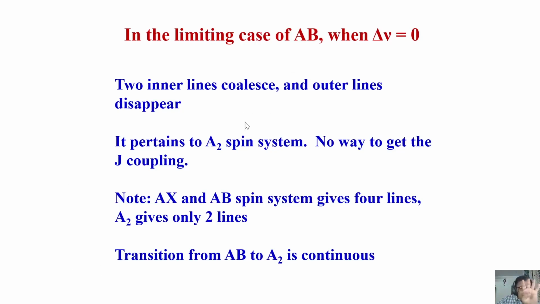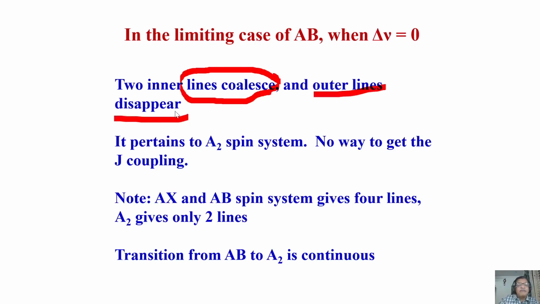Remember, what happens in the A2 case is that two central lines will coalesce, will give a single peak, but two outer lines will disappear. Right? What does it mean? Why are you not getting four peaks? That is because in the A2 case, as I'll show you when we go ahead further, it so happens there will be three symmetric energy levels and one antisymmetric.